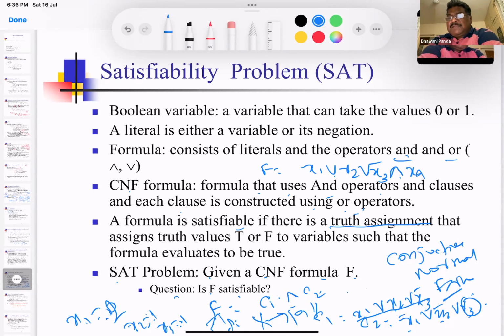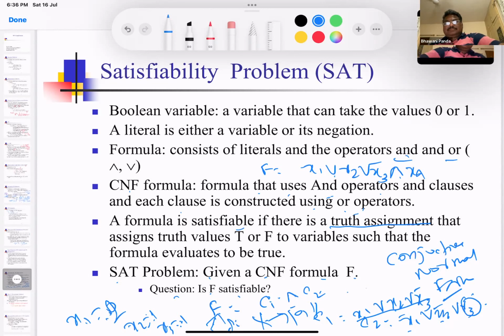You say that for this particular formula, this is a satisfying truth assignment. I just substitute in these clauses and see that each of the clauses is true, because the clauses are combined using the AND operator. So the formula will be true if and only if each of the clauses is true. So I can check in polynomial time. So the SAT problem belongs to NP. Is this clear?